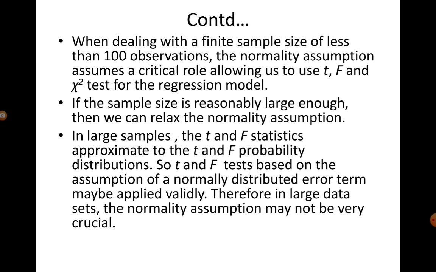But in many situations we have small samples. So in these small samples, if we have to use T, F or chi-square tests, we need the help of this normality assumption, or we need to assume that error term ui is normally distributed. When it comes to large samples, a T statistic or an F statistic that is calculated based on the sample will approximate automatically to the T distribution and the F distribution.